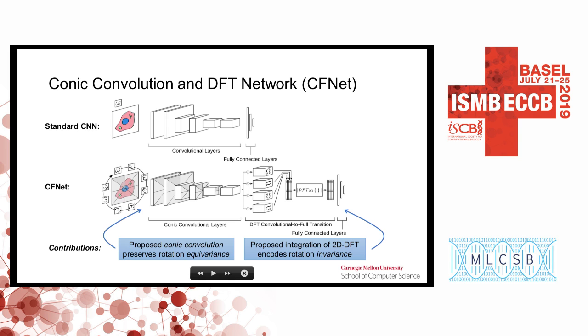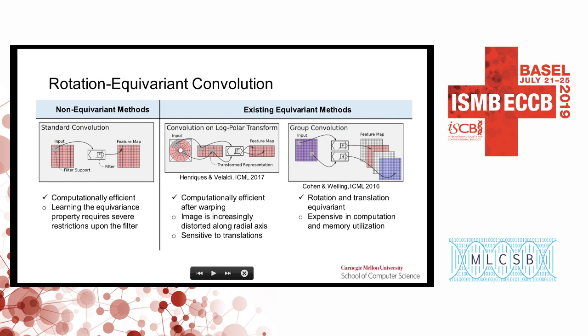And then, before we transition to the fully connected layers, we have our second contribution, which is the integration of a rotation invariant transform based upon the two-dimensional discrete Fourier transform. The 2D DFT has been studied extensively in the signal processing community, but its integration into a convolutional network for encoding rotation invariance has yet to be considered. So I'll walk through each of these contributions and show how we do them. So first, let me briefly review some other methods for convolution.